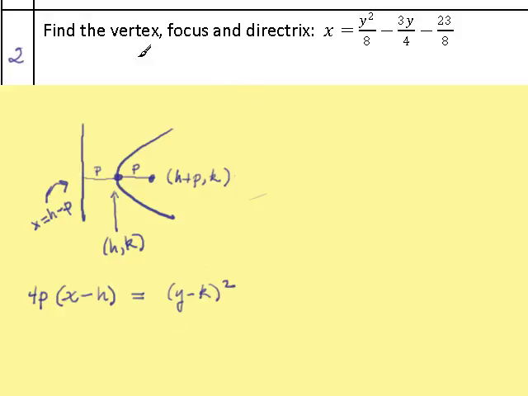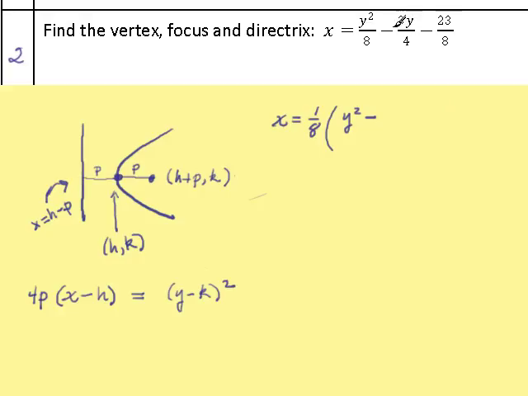So in order to find the vertex, focus, and directrix, we're going to complete the square. So let's do that. Here we have x equals, let's factor out 1/8, the coefficient of y squared. So here we have y squared minus, when we factor out 1/8, then inside we're multiplying by 8.